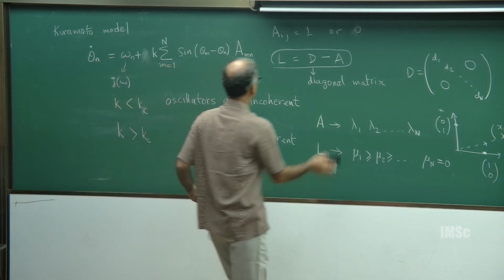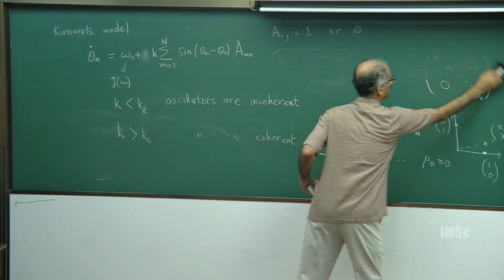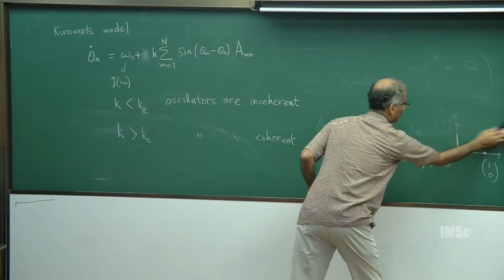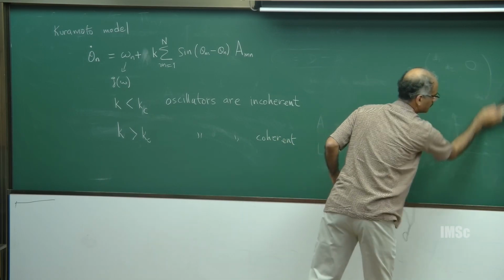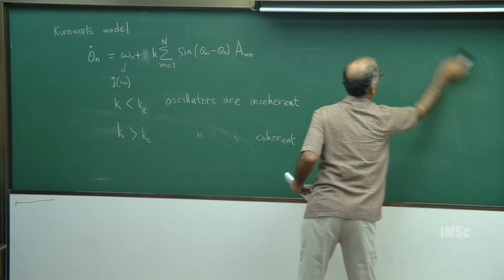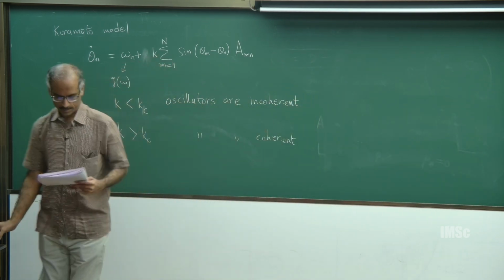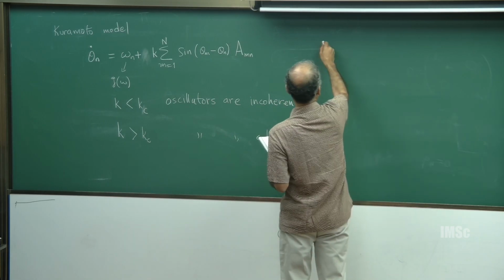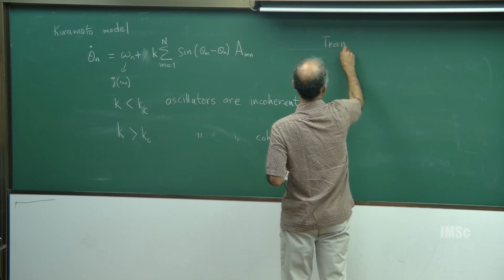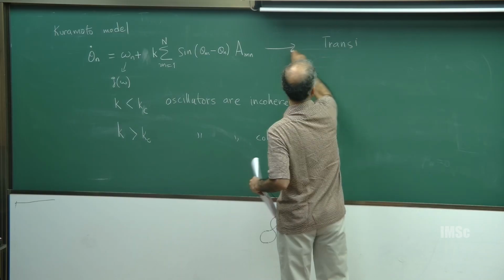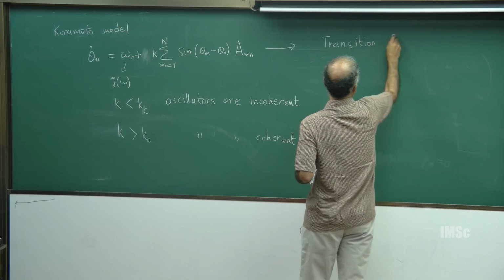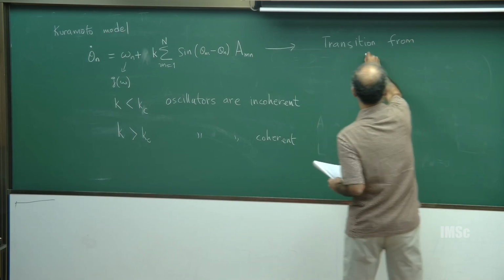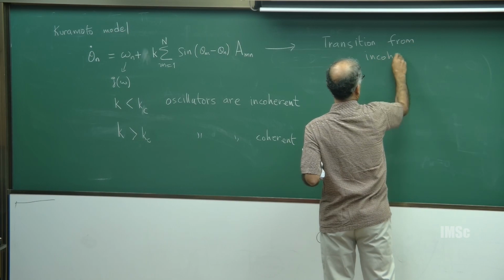In this case again I am not going to do this in detail, but just to tell you that this system shows a transition from incoherence to coherence, or you can think of it as asynchrony to synchrony.